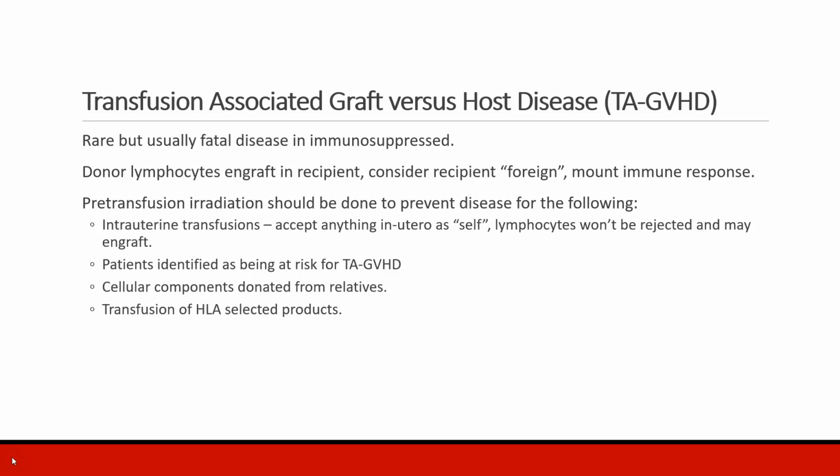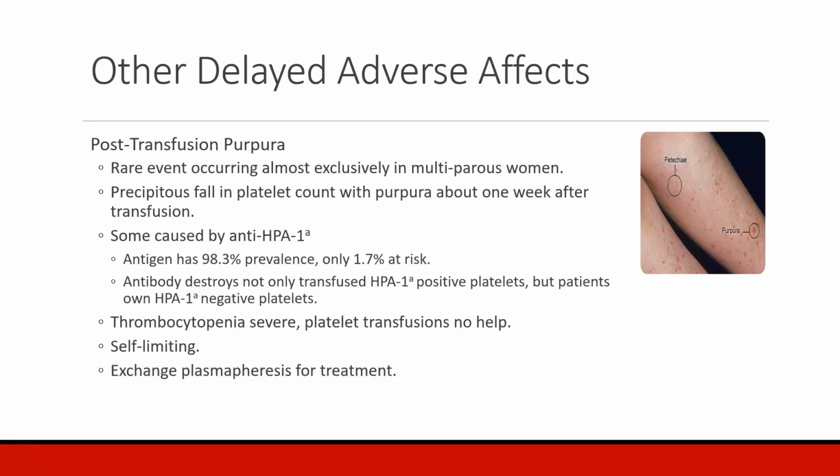Since then, if you are in any way, shape, or form related to the patient, you will not donate the blood to them. And transfusion of HLA selected products. So there's a special machine they have, and it's usually one per city because it's very, very expensive, and they will irradiate the blood. It has a little purple sticker that indicates it has been successfully irradiated.